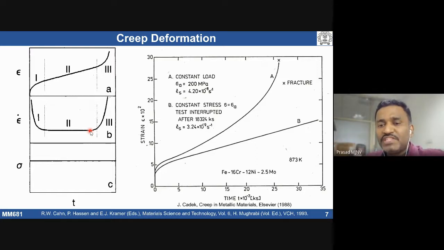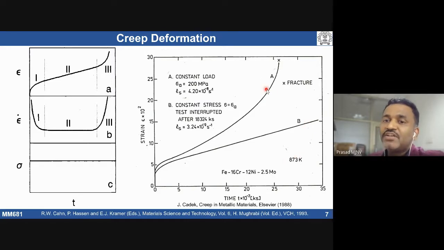For example, the same material deformed once under constant load and once under constant stress. Look here, we do see differences. Depending on whether you maintain constant load or constant stress, the amount of strain for a given time changes. Under constant stress it may go to tertiary creep, but only after a long time; we see an extended steady state creep for the same material and temperature.